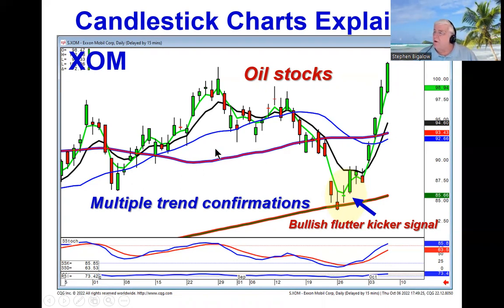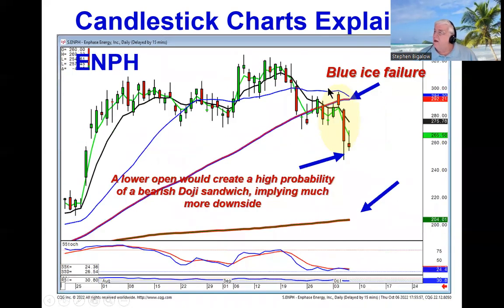So when you add up all these factors, if we know that if you come down through a support level, like the 50-day moving average, and come back up, it's called a blue ice failure. If they fail at that level, notice how they had a sell signal, or selling, after they opened up positive, and then a gap down yesterday. Today they did a doji.